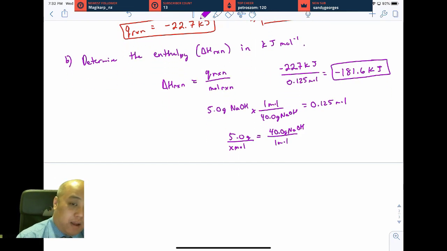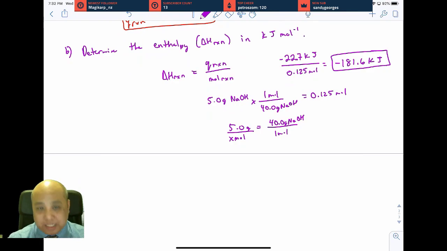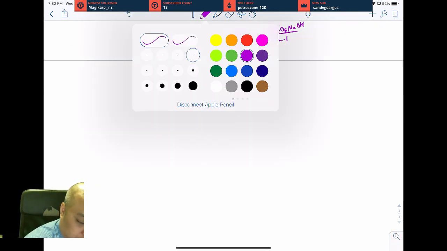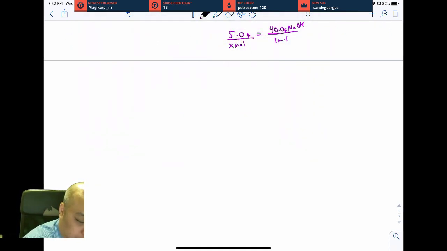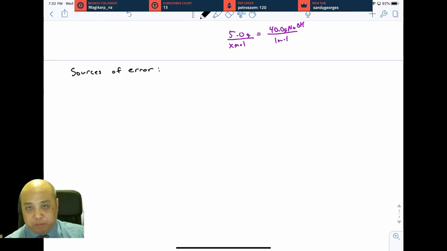Okay. Now, when you're actually doing this lab with a calorimeter, you are going to have sources of error. You're not going to have a perfect lab. There's no such thing as a perfect lab. You try to minimize that error, but there are things that you want to focus on with error.